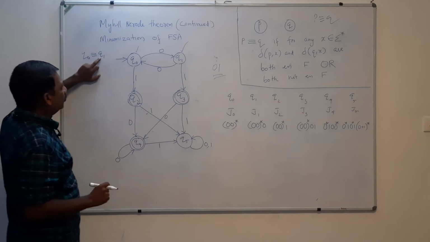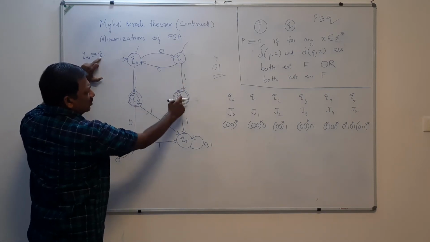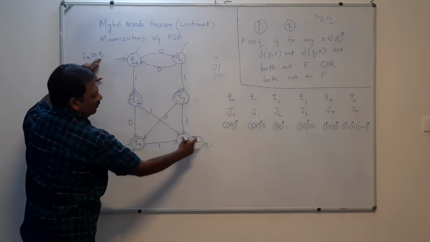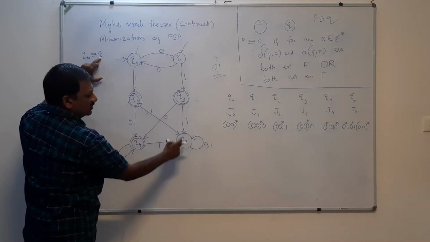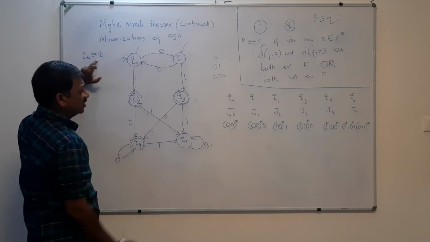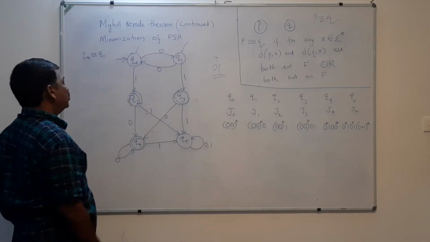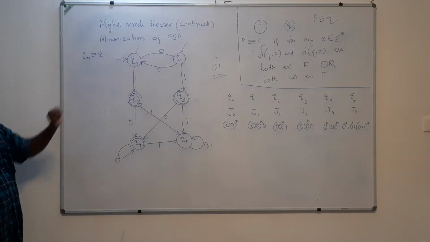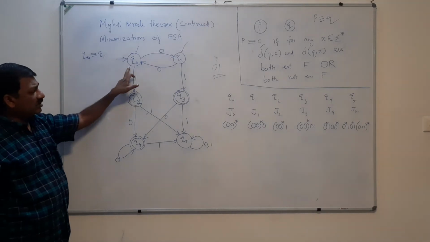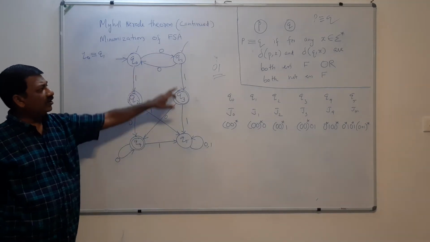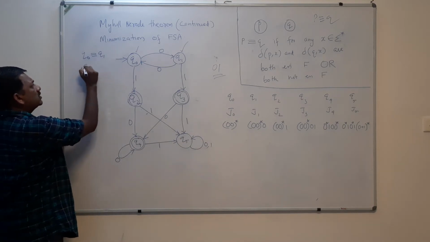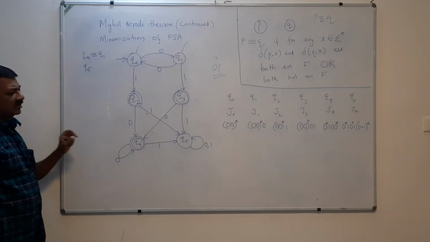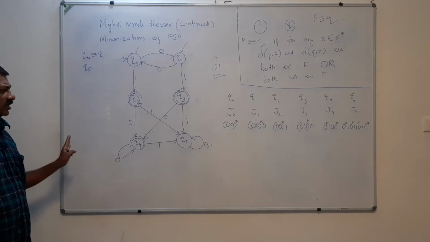Q1 on 1 reaches Q3, which is final, and Q5 on 1 reaches Q5, which is non-final. So Q1 and Q5 are not equivalent. Q0 is not equivalent to Q5, and Q1 also is not equivalent to Q5. That means Q5 is not equivalent to any other state.